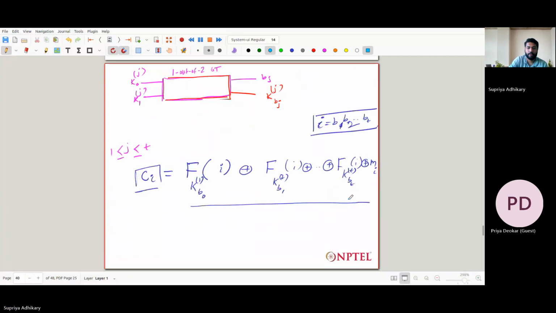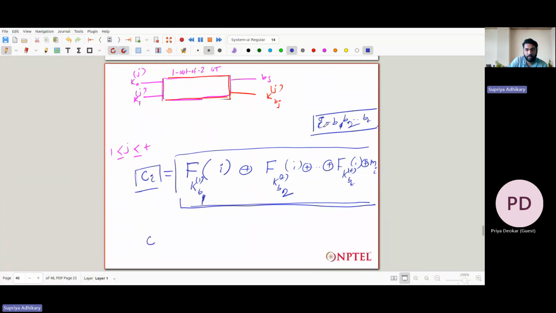So Bob will get all these values, and if Bob can get all these values, then Bob can easily decrypt and get back this CI.